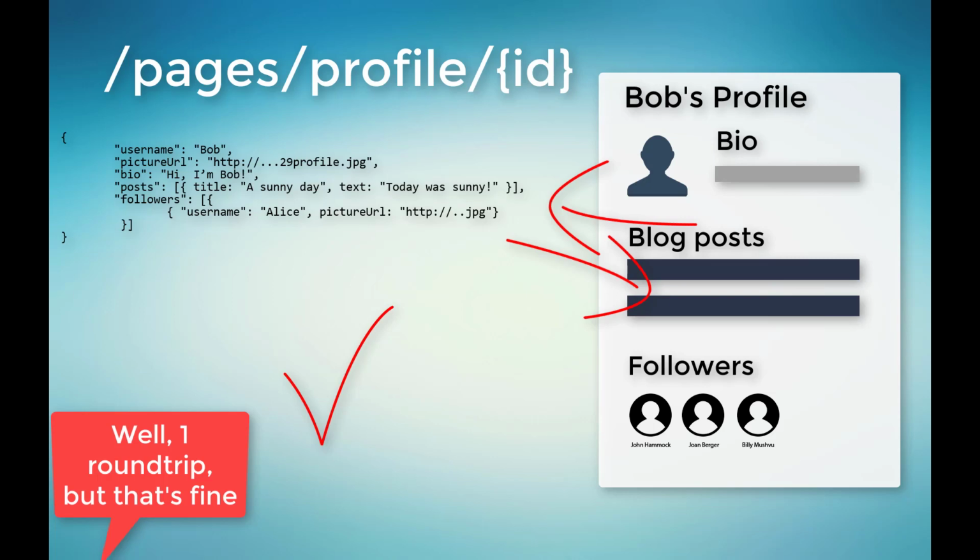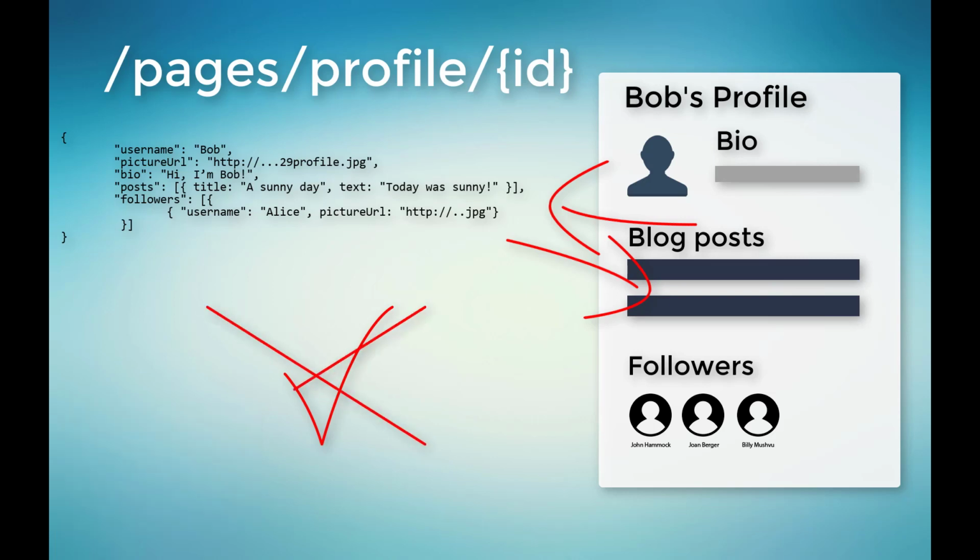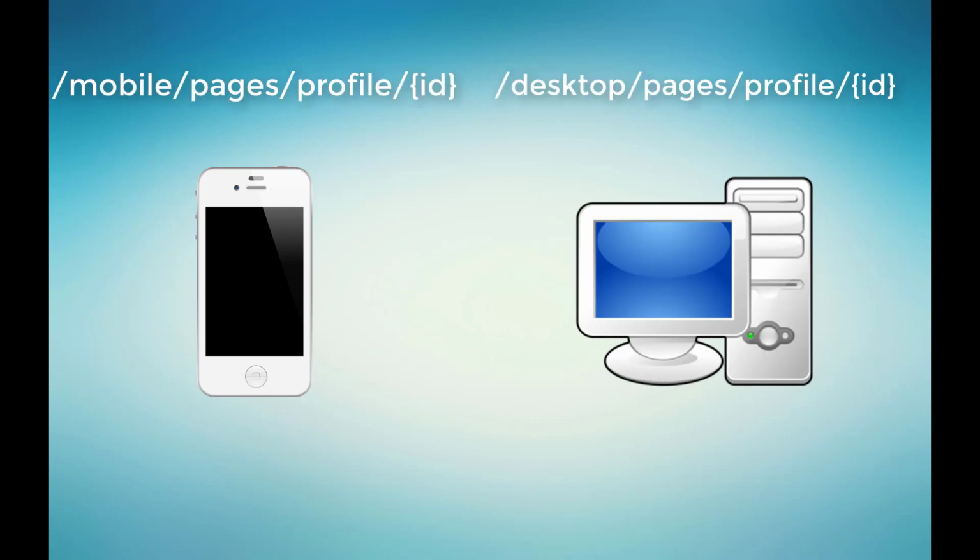So unfortunately, we have a problem now. What if you have a mobile client and you don't want to show as much data as you do on the web client? Now you need to create a new endpoint, or you'll be using the same endpoint and you'll be getting more data than you need.